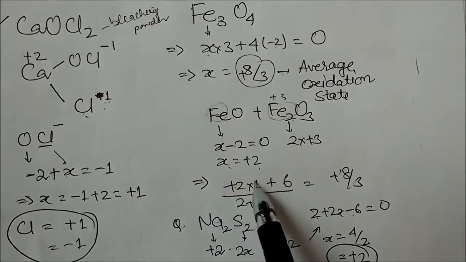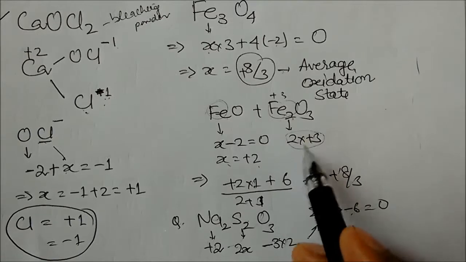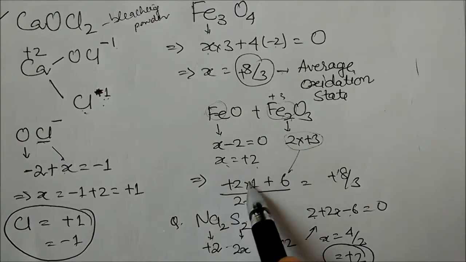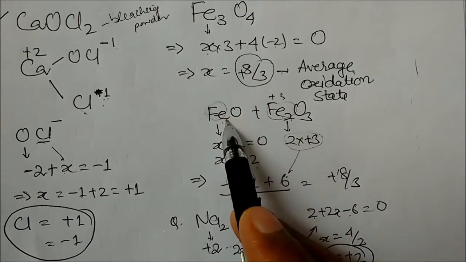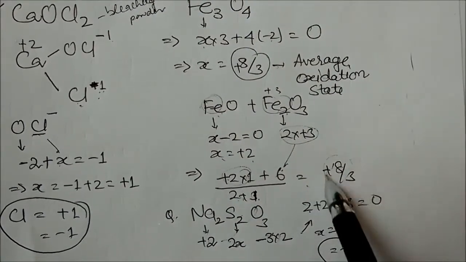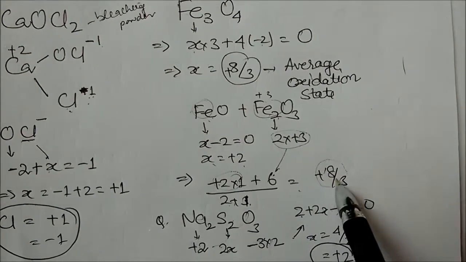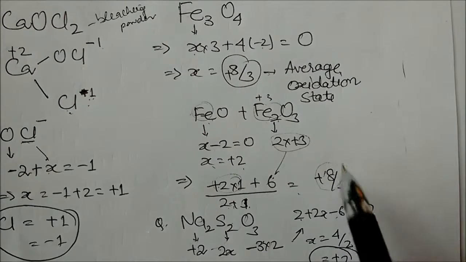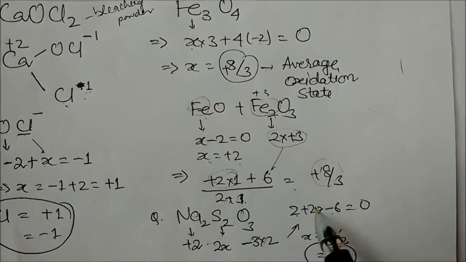This is +2 into 1 iron, and this is +3 into 2 iron, so this is 6 and this is 2. Total 2, total 6, and how many atoms are there? 2 + 1, 3. So the total oxidation state is coming +8/3. If any oxidation state comes as 8/3, this means that the oxidation state is actually an average oxidation state.